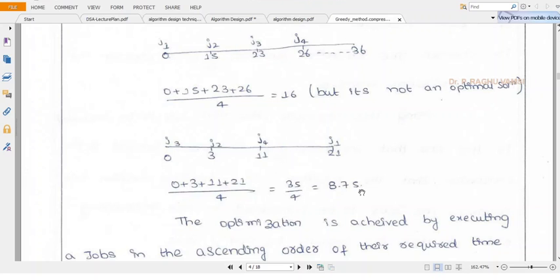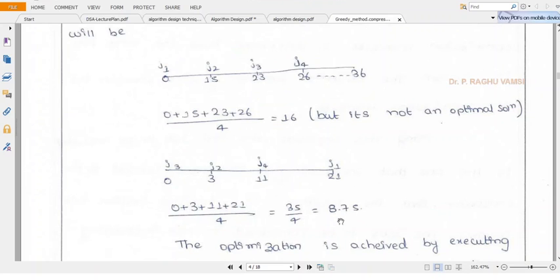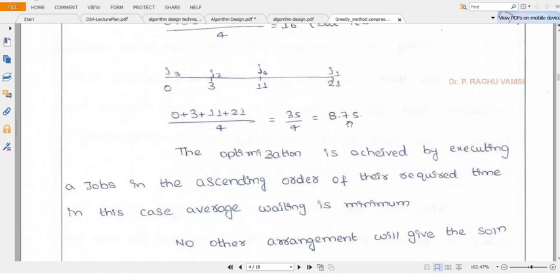Is 8.75. Where is 16 and where is 8.75? So here 16 is not an optimal solution, but here 8.75. Now if you arrange these jobs in any other order, you never get 8.75 as the time unit.